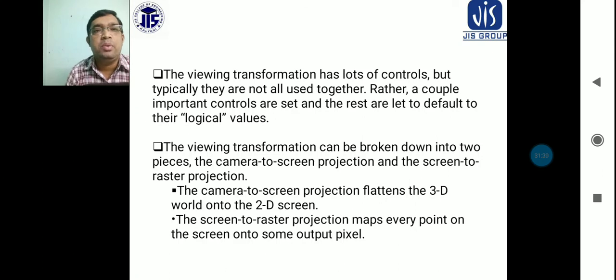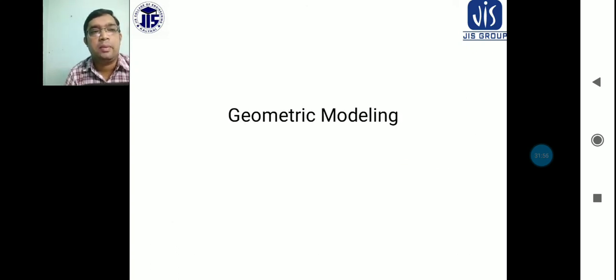The viewing transformations have lots of controls, but typically they are not all used together. Either a couple of important controls are set and the rest take default logical values. The camera to screen projection flattens the 3D world into the 2D screen. The screen to raster projection maps every point on the screen to some output pixel.